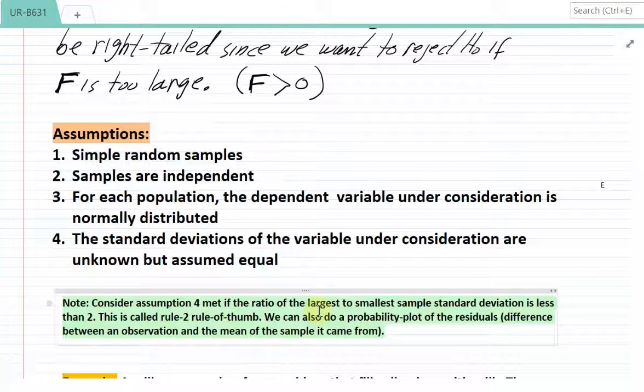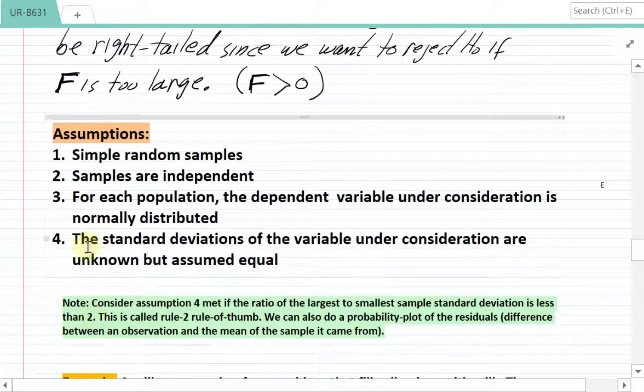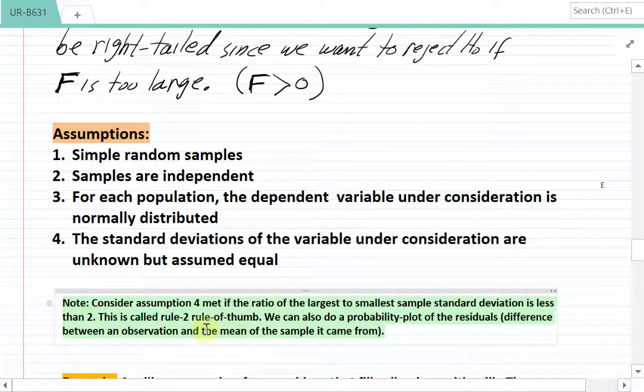And from each variance, I can calculate the standard deviation by taking the square root of it. So if I take the ratio of the largest sample standard deviation to the smallest sample standard deviation, and that's less than 2, the magical number is 2, then you're going to say, okay, that's met. This rule of thumb is known as Rule 2 for the ANOVA.